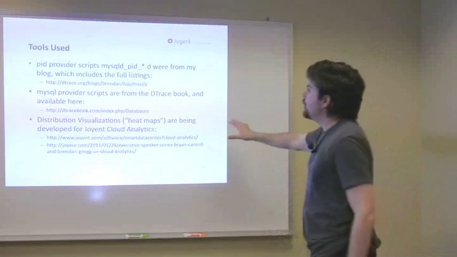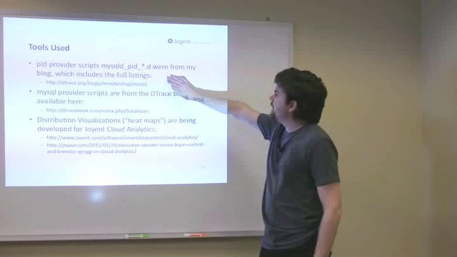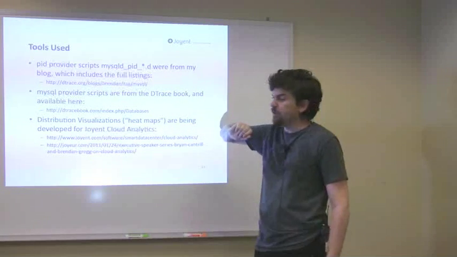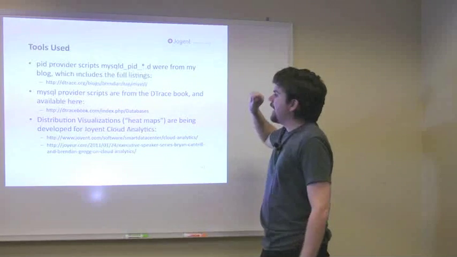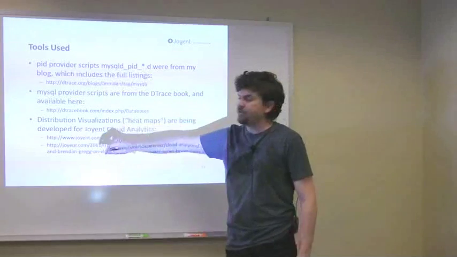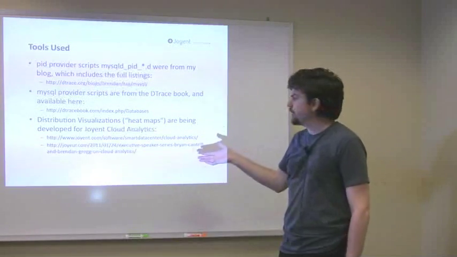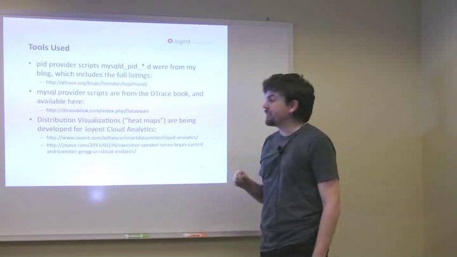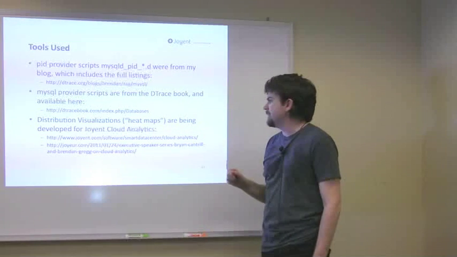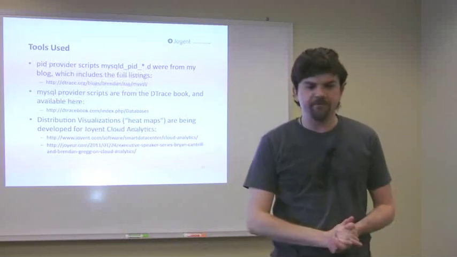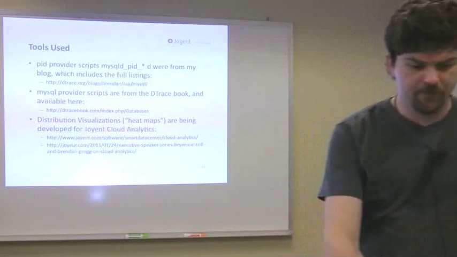Tools I used in this talk: PID provider scripts. I have many on my blog, dtrace.org/blog/brendan. And there are some other ones from the DTrace book on dtracebook.com. The heat maps that I showed were from Joyent's Cloud Analytics, which we're developing. And you can see there's a video of myself and Bryan Cantrill talking about that.